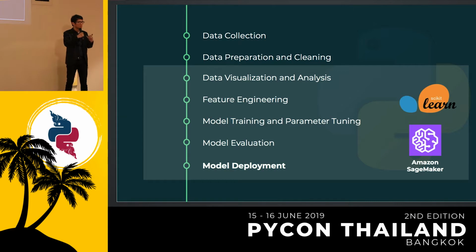Examples would be uploading your model inside S3, launching an EC2 instance where your model will be served, and then finally, doing auto-scaling. It can also help you with your deployments to allow you to test your models in a more systematic way.